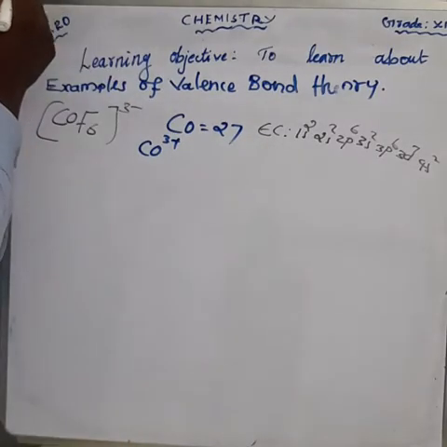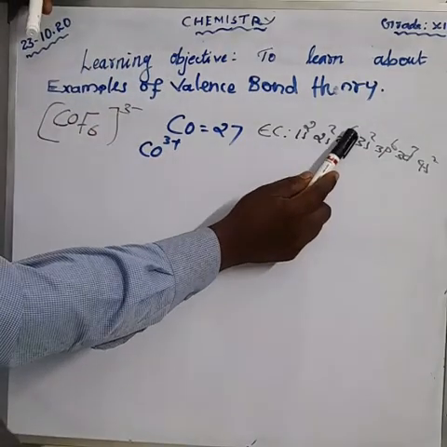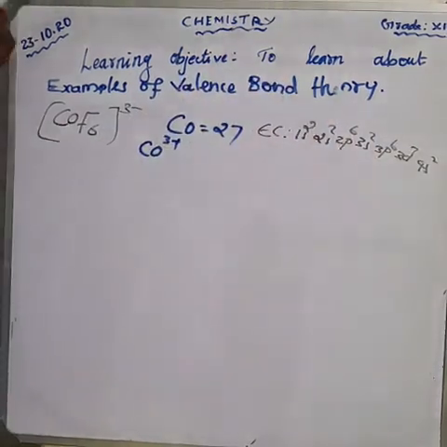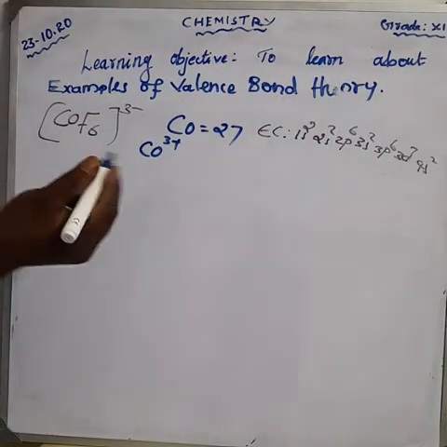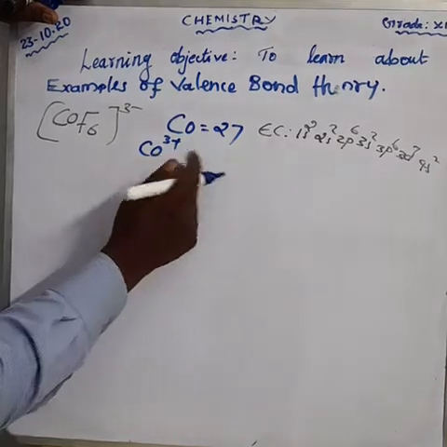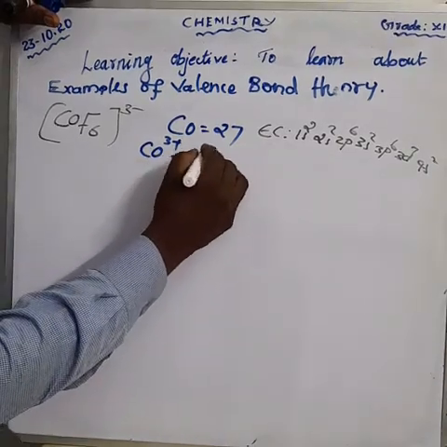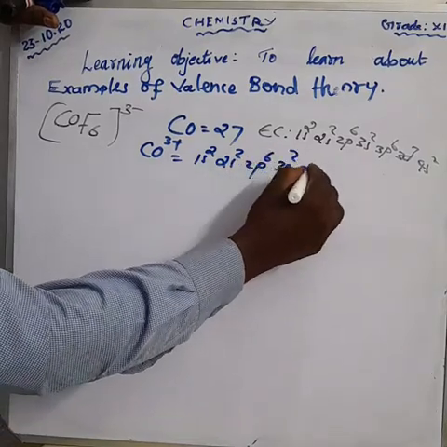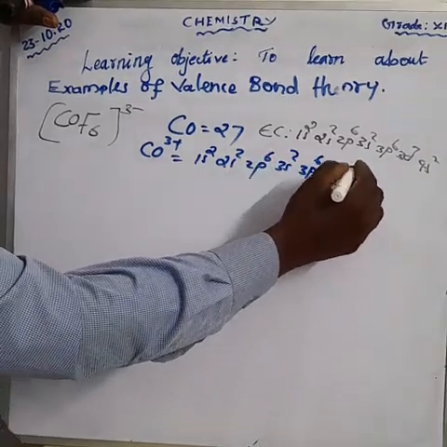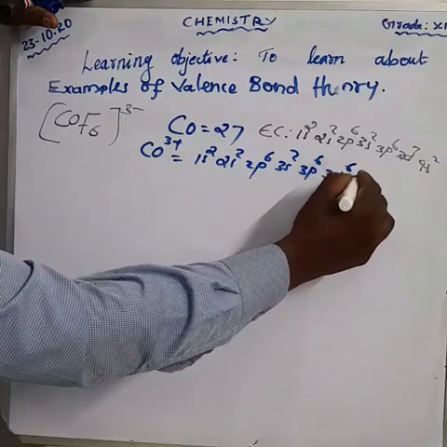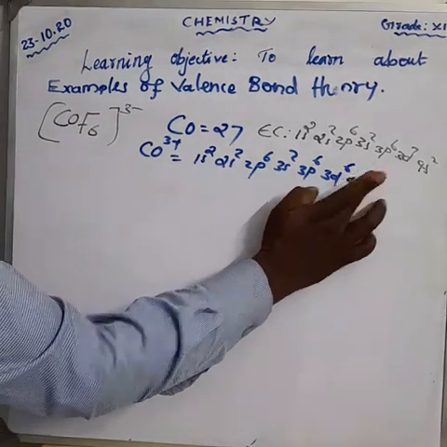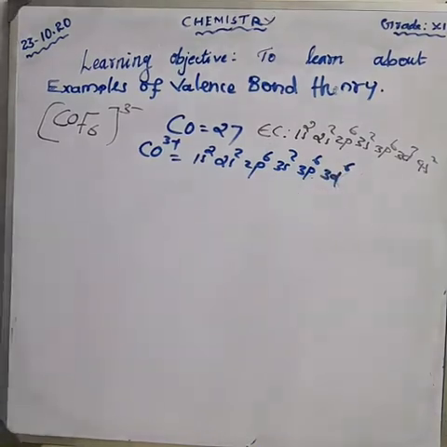First, count the atomic number: 10, 12, 18, 18 plus 20, 27. Careful, 3+ means loss of 3 electrons, that is 1s2, 2s2, 2p6, 3s2, 3p6, 3d6. Sorry, 4s2 is leaving out, so we get 3d6.